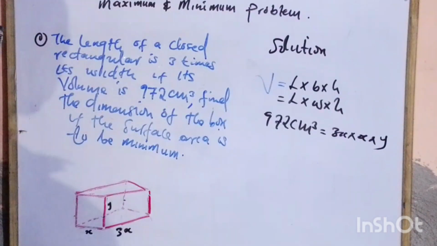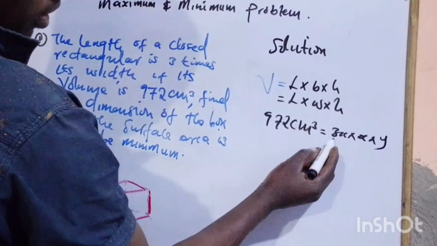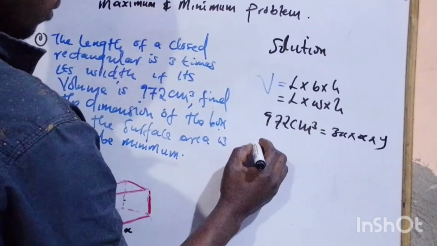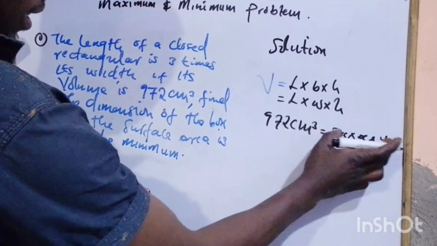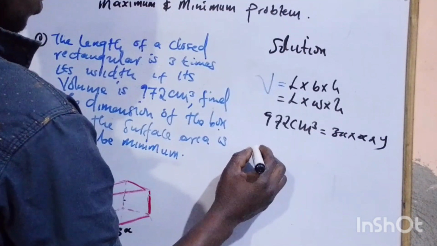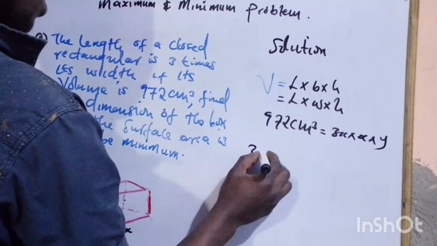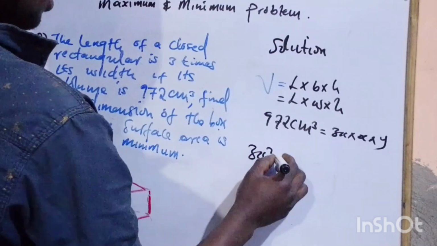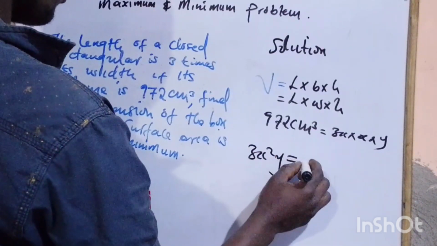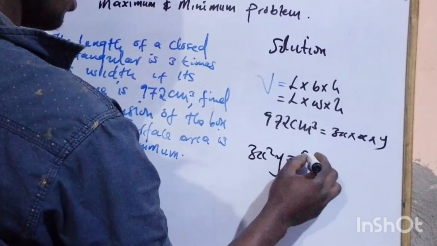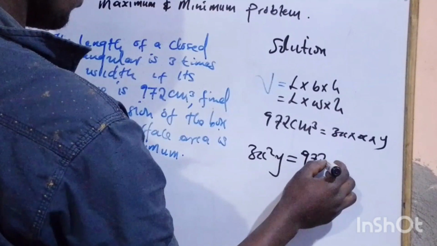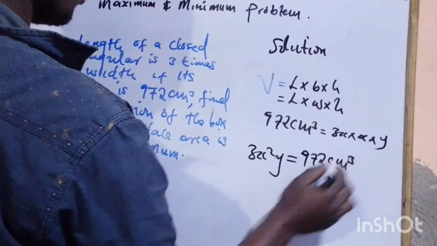When we say 3x times x, you are going to have 3x squared y, which should be equal to 972 cubic centimeters.